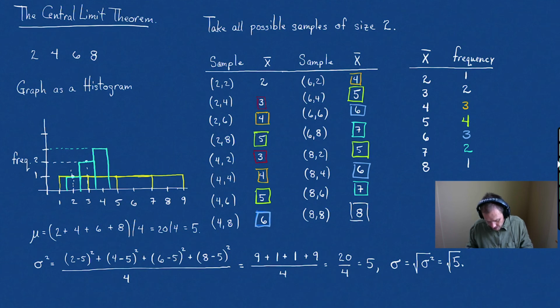And then my next data value of 5, wow, that's the big frequency there. That one goes from 4.5 to 5.5. And then 6 goes back down to a frequency of 3. So that's going to go from 5.5 to 6.5. And if we do it again, 7 has a frequency of 2.